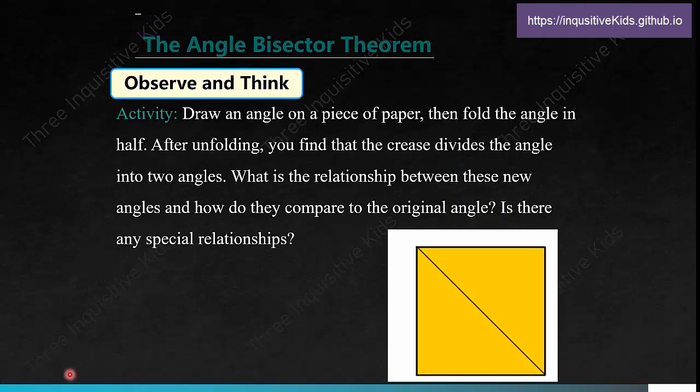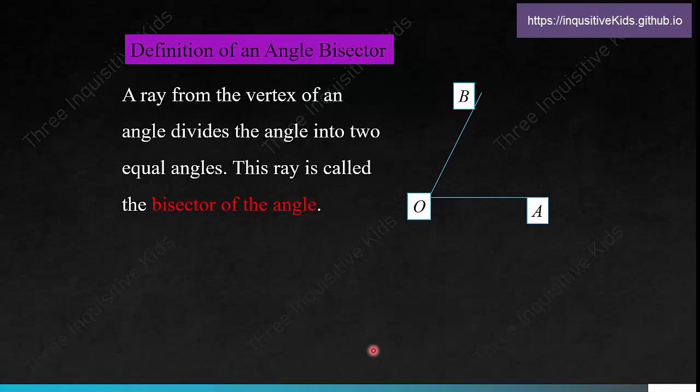So you might see that there's an angle, and after you fold it in half, that original angle was split in half. That means these two angles are each one half of the original angle, there are exactly two of them that make it up, and they are exactly the same.